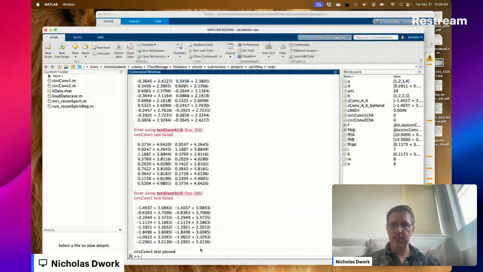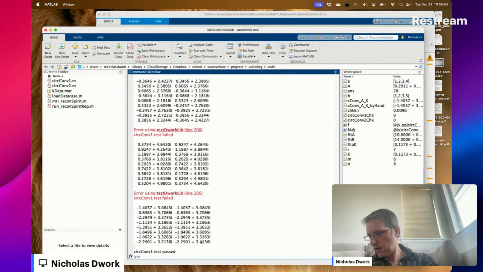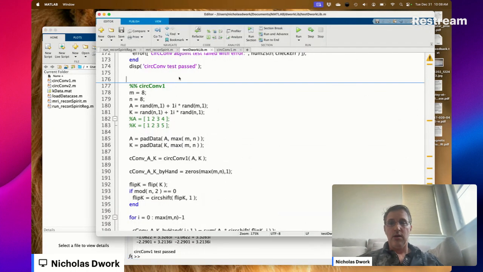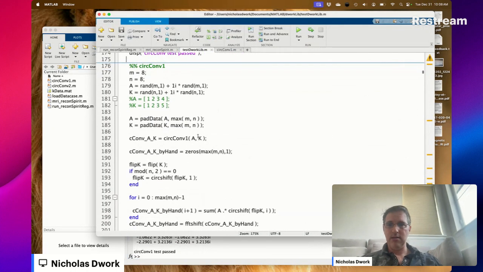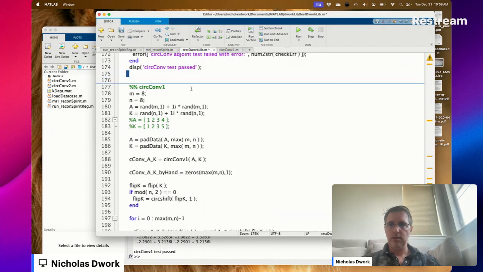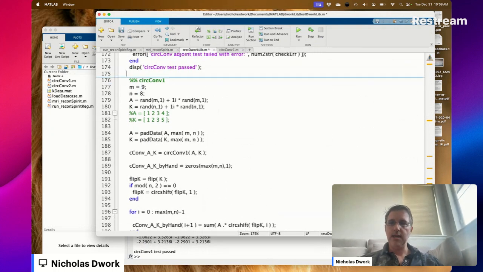Now the test passes. So I think this is actually progress. If m equals 9 and n equals 8, then the test fails. M is the size of A.